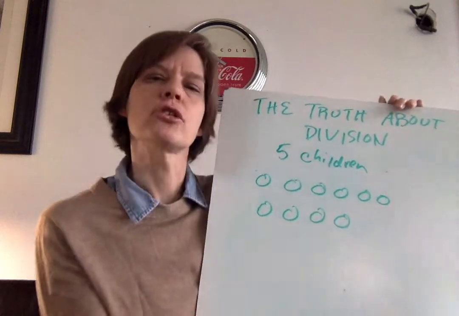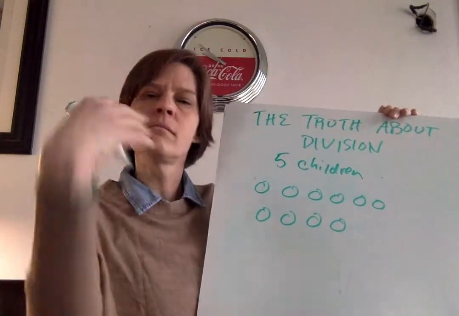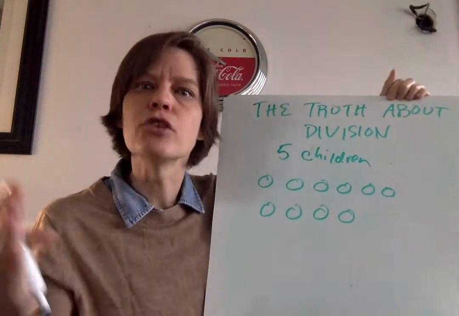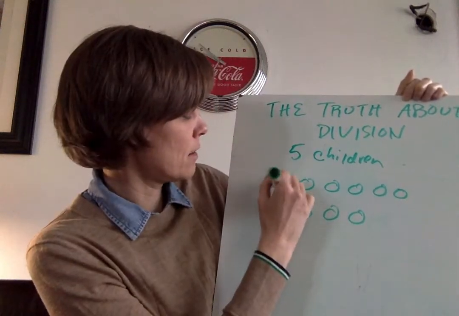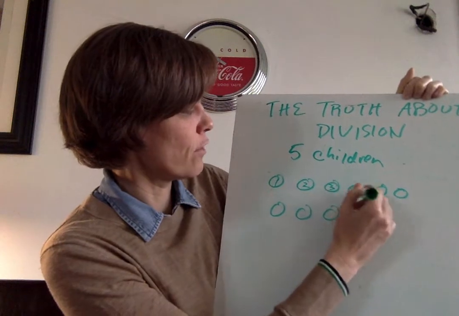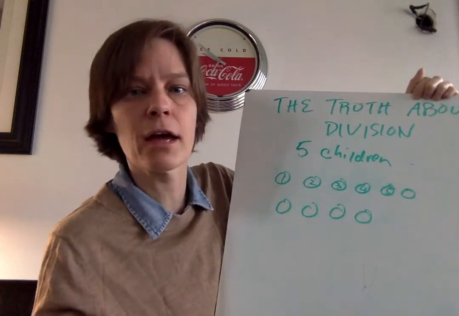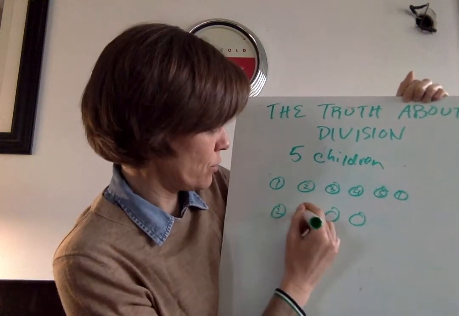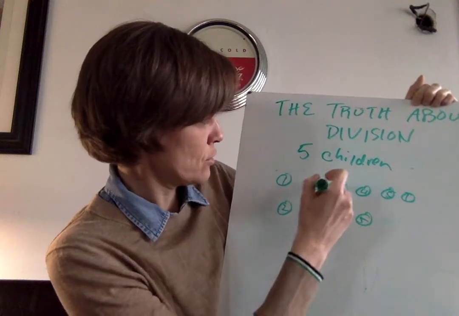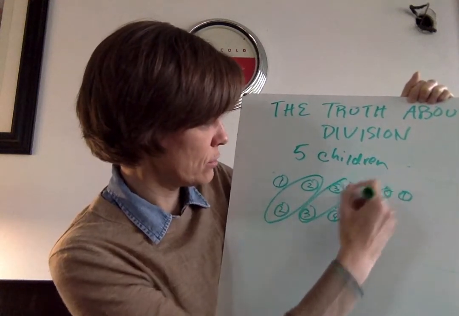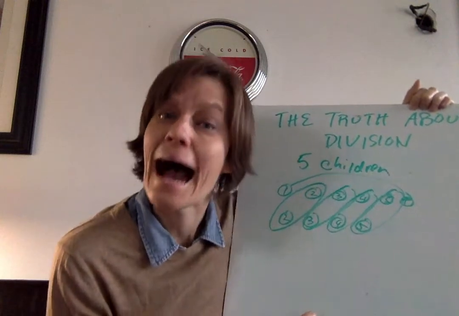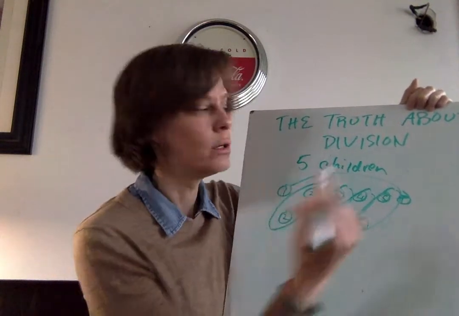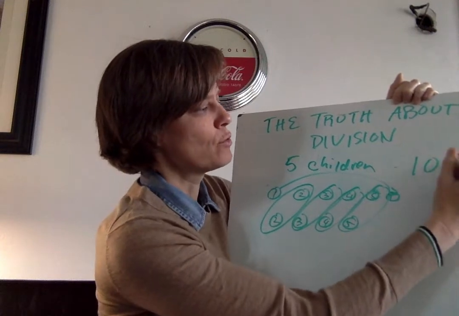And I present to the children, how many cookies does each of you get evenly? And we would say 1, 2, 3, 4, 5, and then we start counting over again, right? 1, 2, 3, 4, 5. So 2 gets those, and 3 gets those, and 4 gets those, and 5 gets those, and 1 gets those. And they each got how many? 2, right? And the symbol we use would be this.